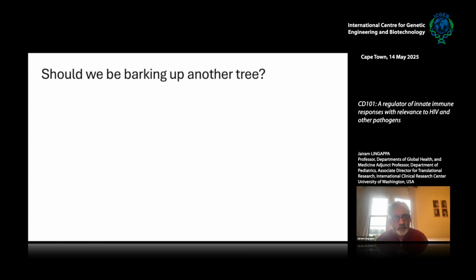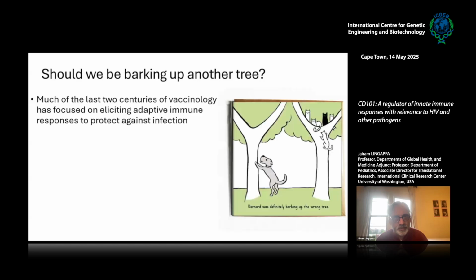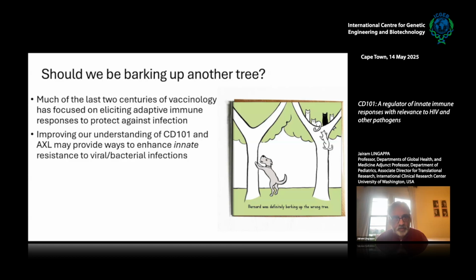Just to tie up here, the question is, should we be barking up another tree? Much of the last two centuries of vaccinology is focused on eliciting adaptive immune responses to protect against infection. Our improved understanding of CD101 and AXL may help provide ways to enhance innate resistance to viral and bacterial infections.